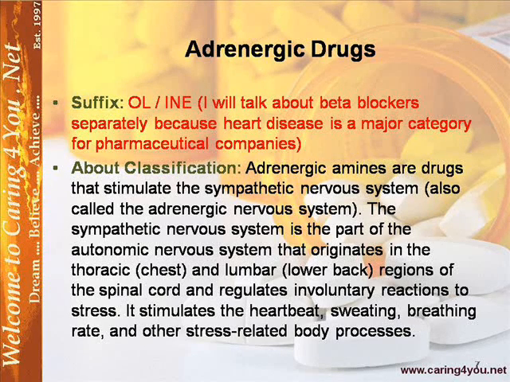I said there were 5 main classifications, but because cardiac disease is so prevalent in our society, and it also makes a lot of money for the pharmaceutical companies, I'm going to put beta blockers separately. Alright, so adrenergic drugs are stimulant drugs. The suffix for all adrenergic drugs are OL or INE. Write that down. Alright?